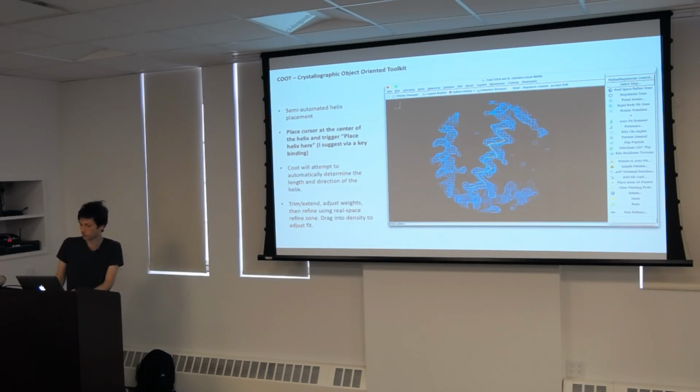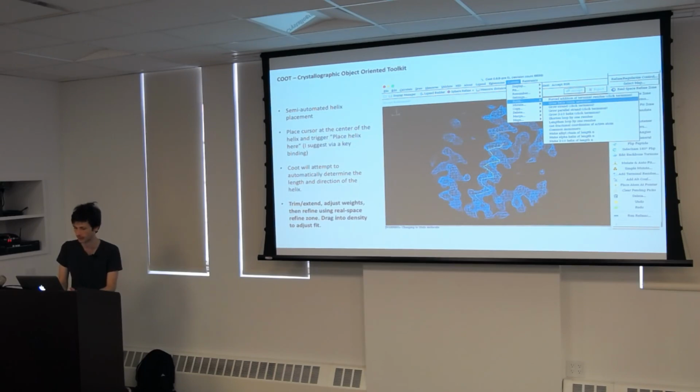And then what I would do from there is I'd trim or extend that helix so that locally it takes the entire helical density that you can see there. So like this one, you might want to extend it a little bit to the north, for example, and then real space refine the entire region to adjust the fit to the map, and then start placing side chains.